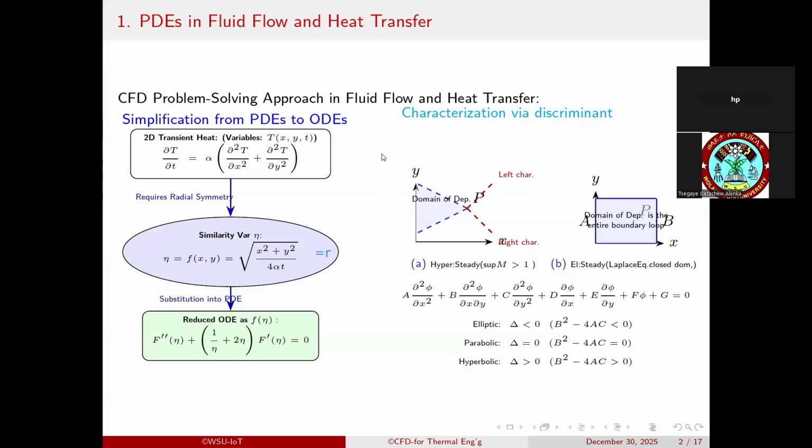By introducing the characteristic similarity variable eta, the square root of the quotient of r squared, which is x squared plus y squared, over alpha t, it enables comparison of both sides.